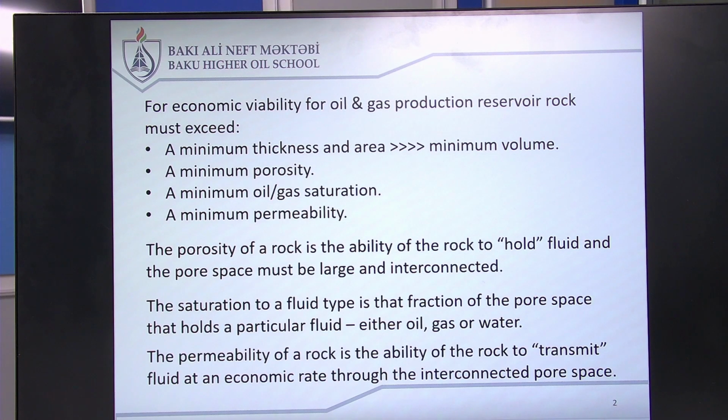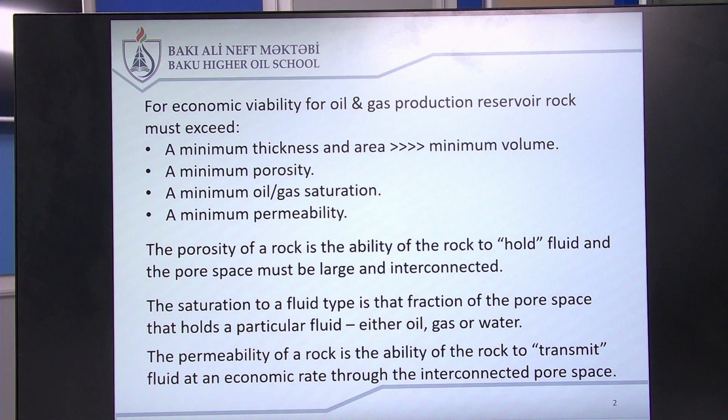So as I mentioned, porosity is the ability of the rock to keep the fluid. So we will have this void space, and in order to know the amount of the fluids within the rock, we need to deal with a parameter which is called porosity. Saturation is actually specifying how much of this void space is occupied by some specific fluid.